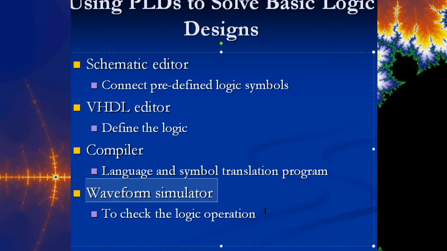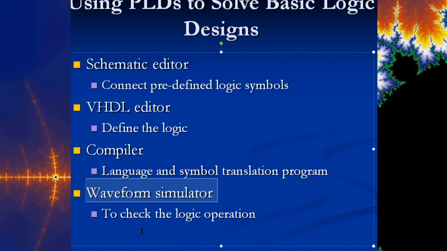So typically the operation is you get the schematic capture and you compile it in the schematic editor. Then you go over to the waveform simulator and you can put in different test inputs like we did, and you can test the logic portion of it. Then you can go ahead and address it to your board itself and actually wire up physical switches and LEDs and check the operation there.